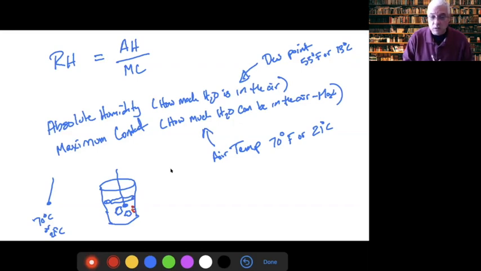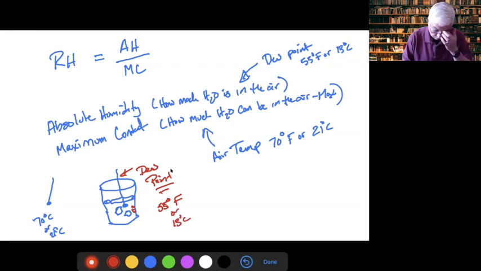As soon as condensation starts, that is when you take the temperature, and the temperature is going to be the dew point temperature. And then in our example, it was 55 degrees Fahrenheit or 13 degrees Celsius.